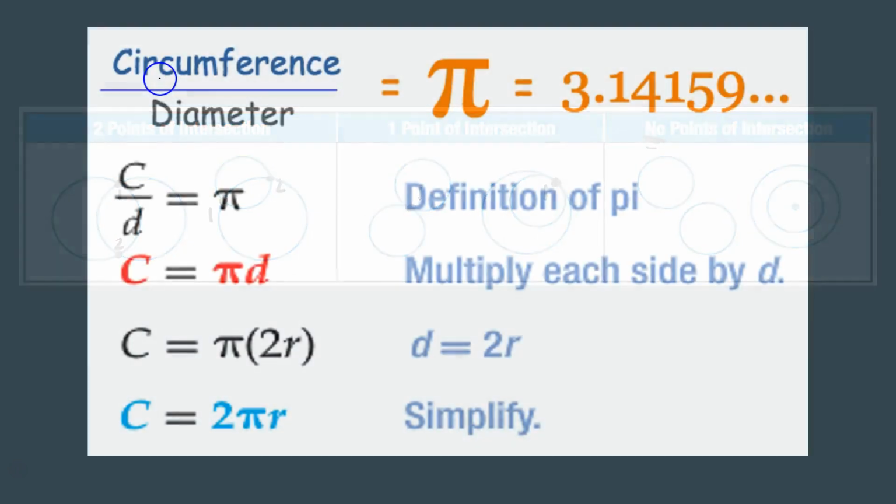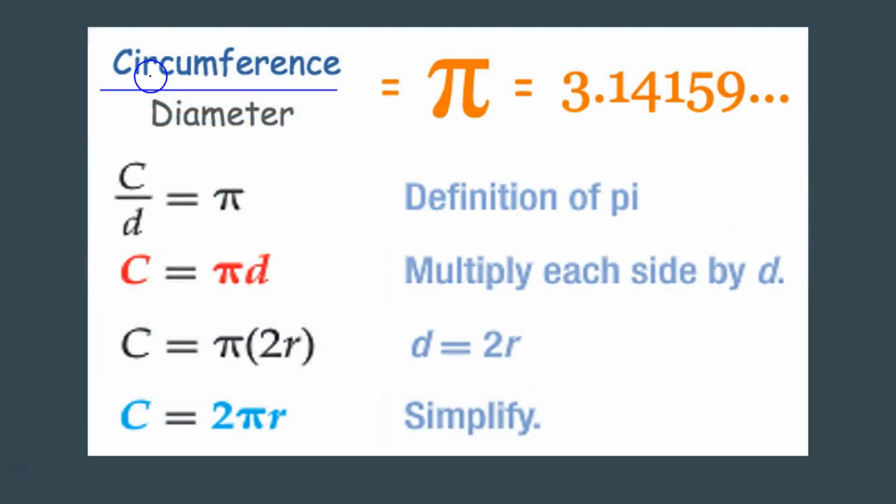Alright, so in order to find our circumference formula, we're going to start from the beginning. Circumference divided by the diameter is equal to pi, which is also known as 3.14159, and this repeats forever. It has no end.